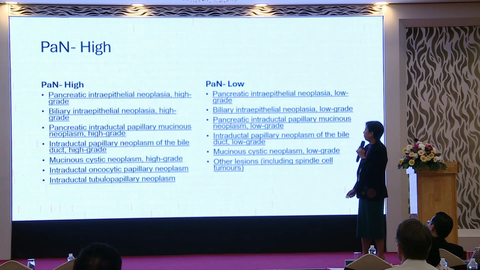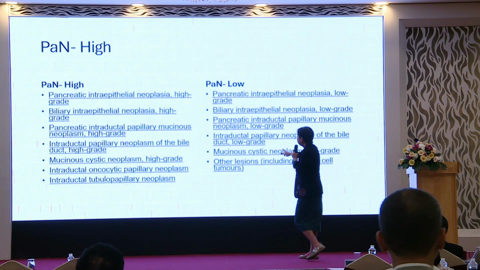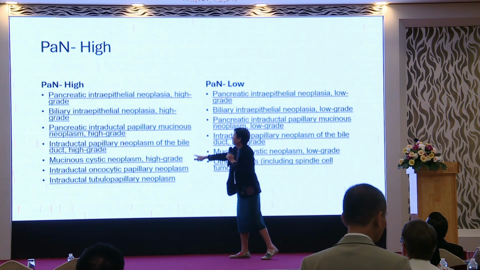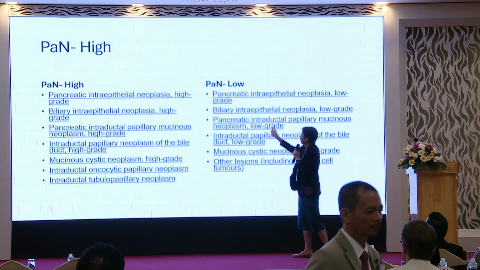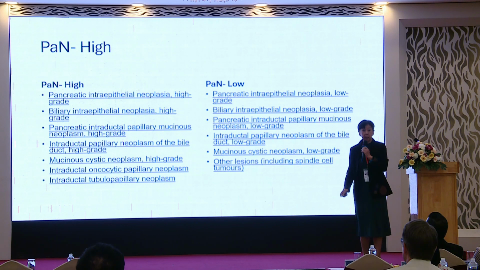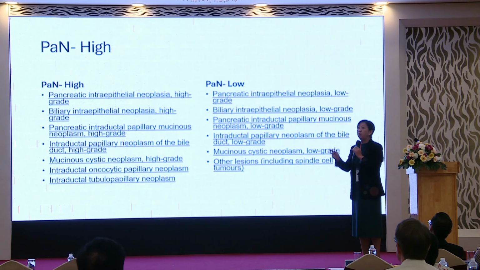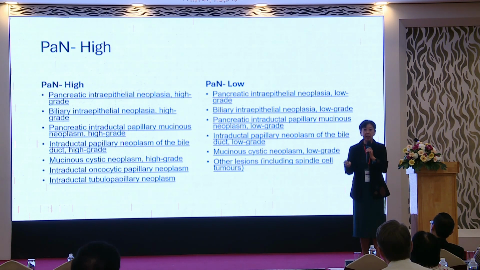Pan high. This is treacherous, and the biliary intraepithelial neoplasia is treacherous. So you just have to be careful. You have to think of it, and you have to sample well. And I honestly did not understand what good sampling of a neoplastic lesion was, for an MCN, until we had one on the table.